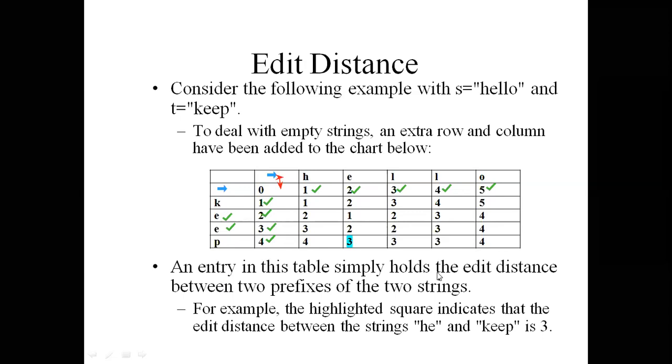So an entry in this table simply holds the edit distance between two prefixes of the two strings. For example, the highlighted square indicates that the edit distance between the strings HE and KEP is 3.